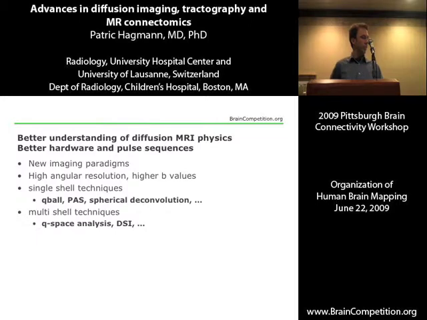From there, we've gone quite a bit forward, by better understanding the diffusion MRI physics, but also improving our hardware tools and pulse sequences. The main result was that we got new imaging paradigms going along with higher angular resolution and high B values. Several imaging techniques came up: Q-ball, persistent angular structures, spherical deconvolution, diffusion spectrum imaging, and so on.